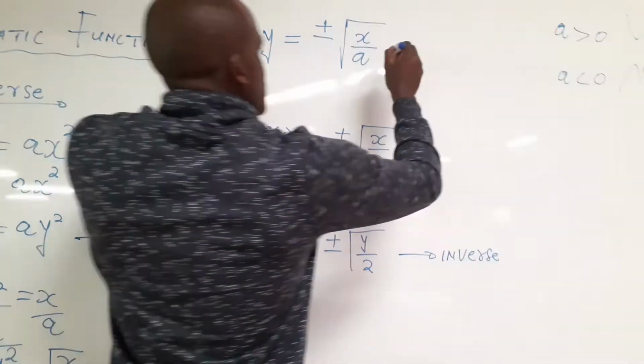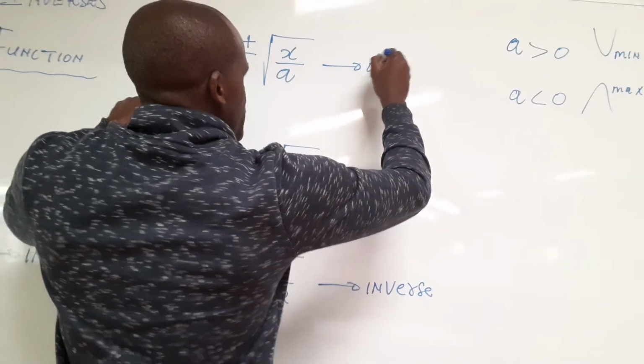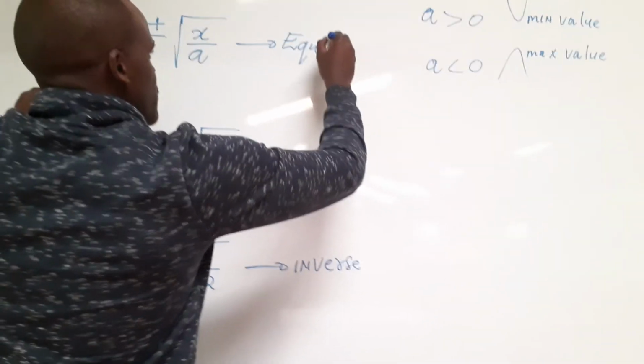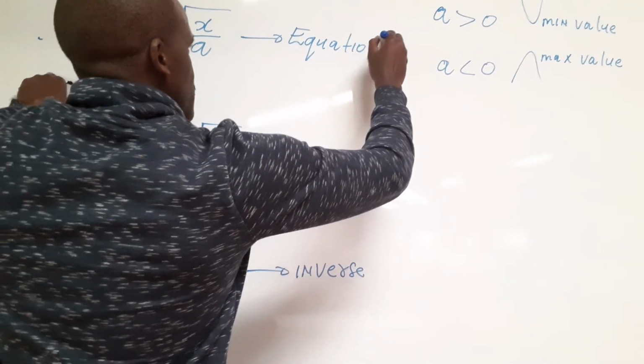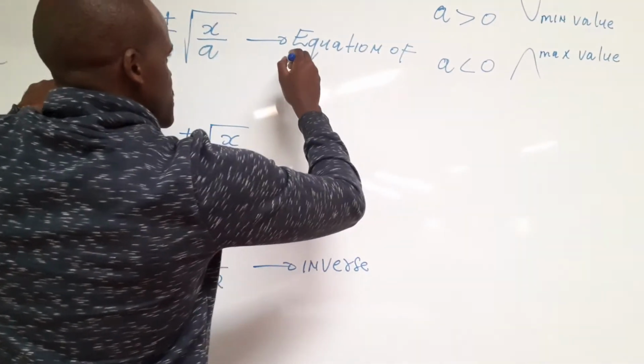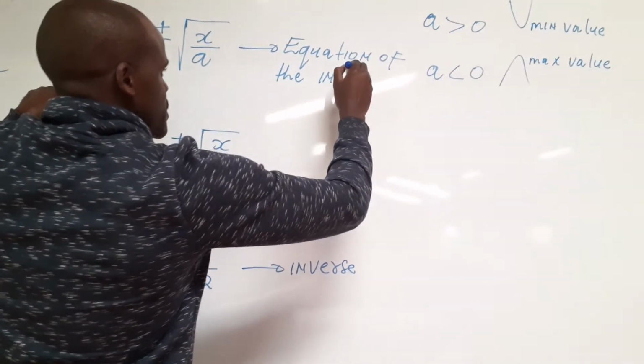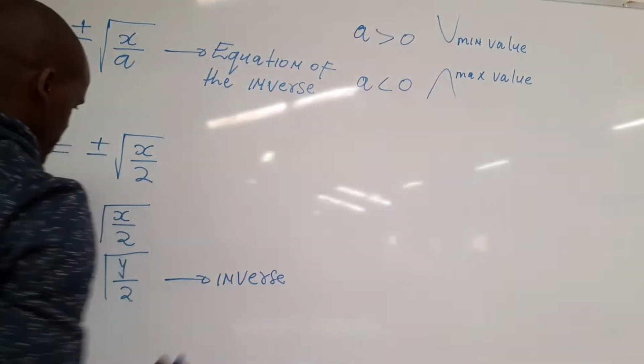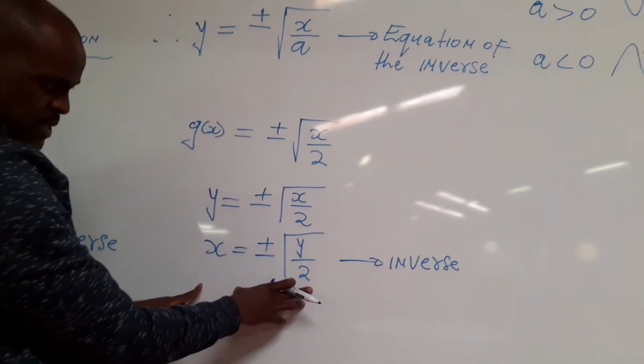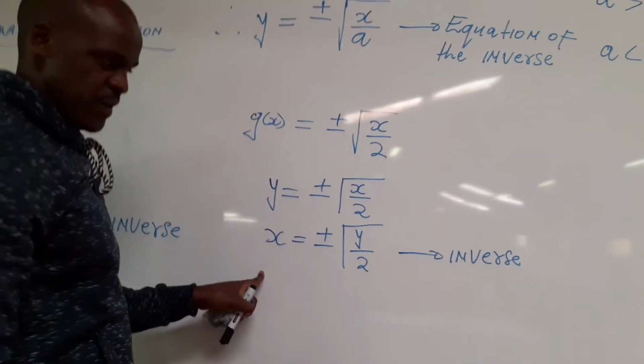Here, we said this is the equation. Equation of what? Of the inverse. That's the equation of the inverse. Right. We need to find the equation of an inverse.